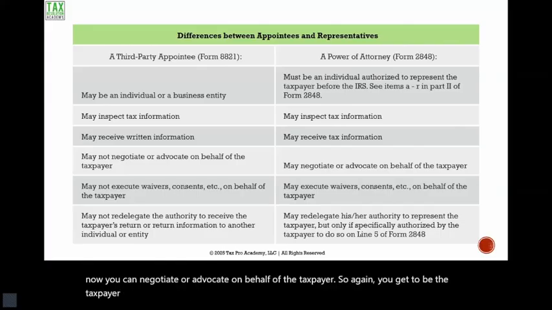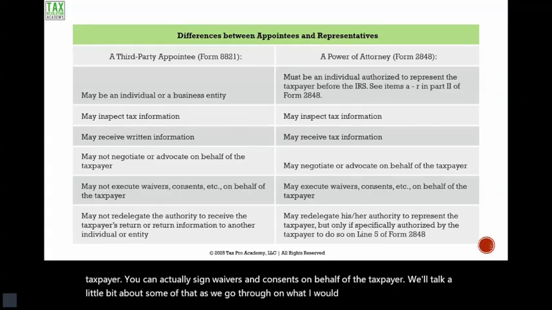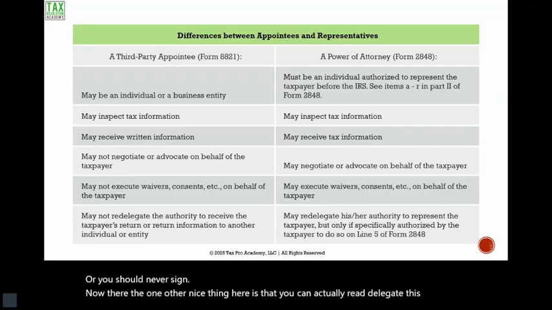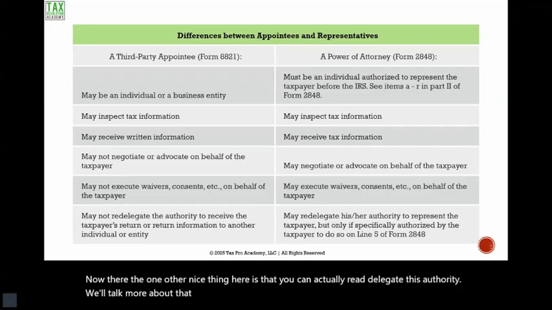You can actually sign waivers and consents on behalf of the taxpayer. We'll talk a little bit about some of that as we go through, on what I would recommend that you can sign, you should sign, or you should never sign. Now, the one other nice thing here is that you can actually delegate this authority. We'll talk more about that later as we look at the Form 2848 in detail.